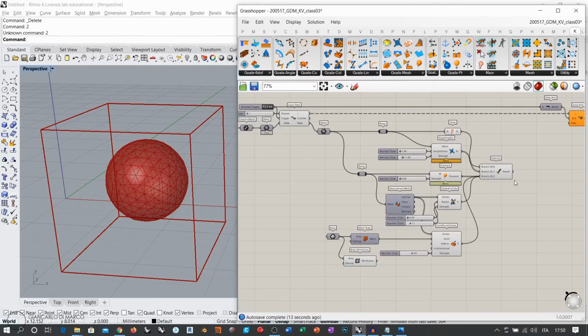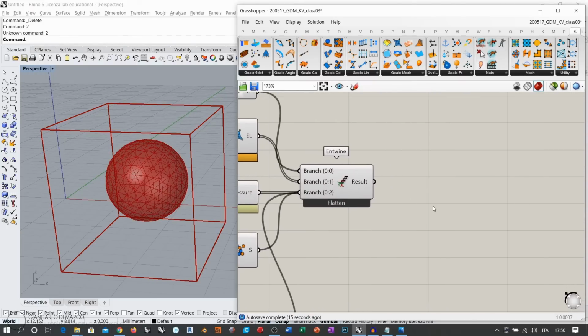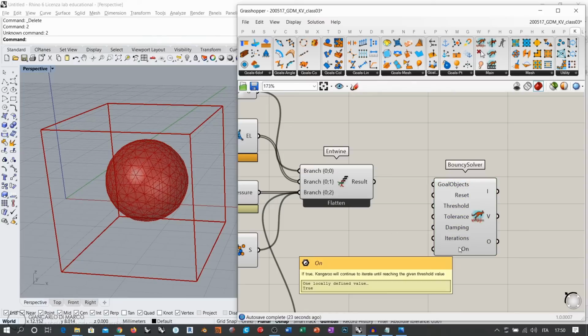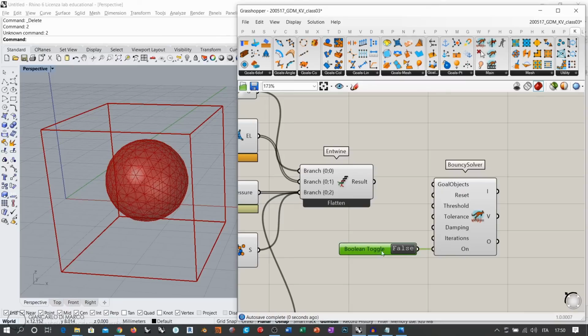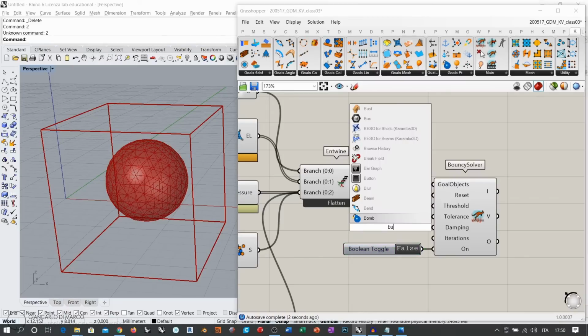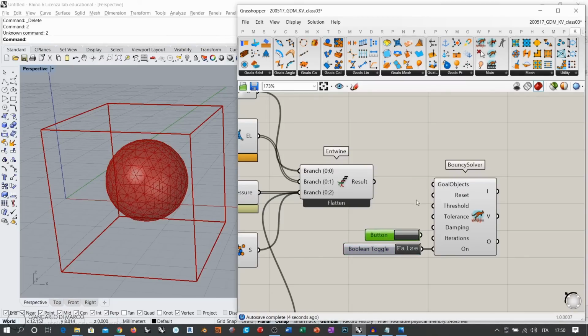And let's go to Kangaroo. I'm going to grab a solver. Not send the goals here until I toggle these to false. So I'm going to Boolean toggle, set it to false, and place a button here and reset the simulation.